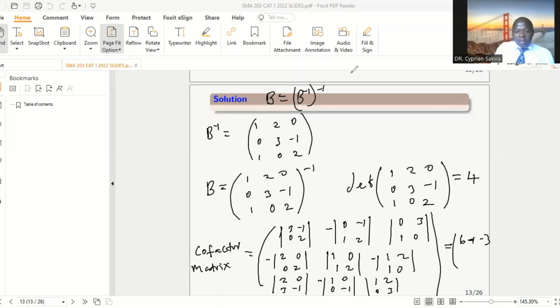Here it's not visible because of the space, but it's 3 there. For this other one, it is 4, but there's a negative outside. And for this other one, it's 2. And this one is 0 minus 2, and there's a minus outside that becomes positive 2. And this is negative 2.